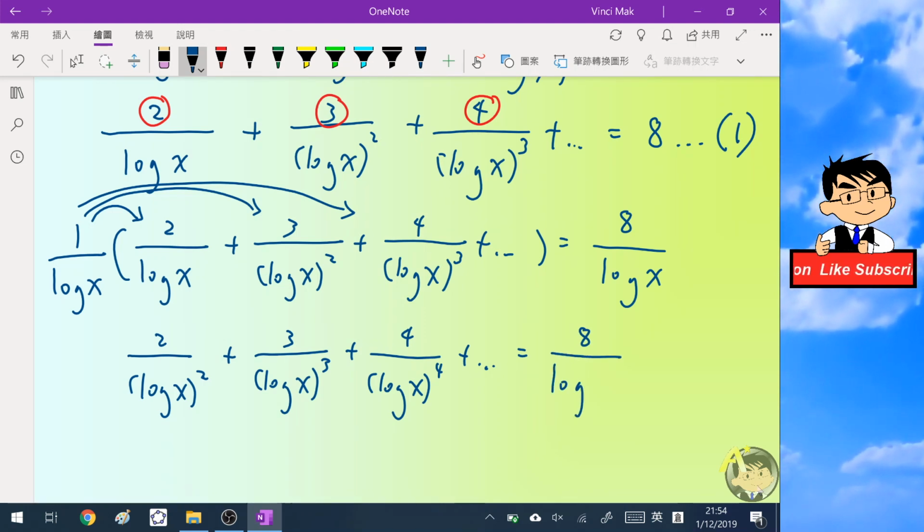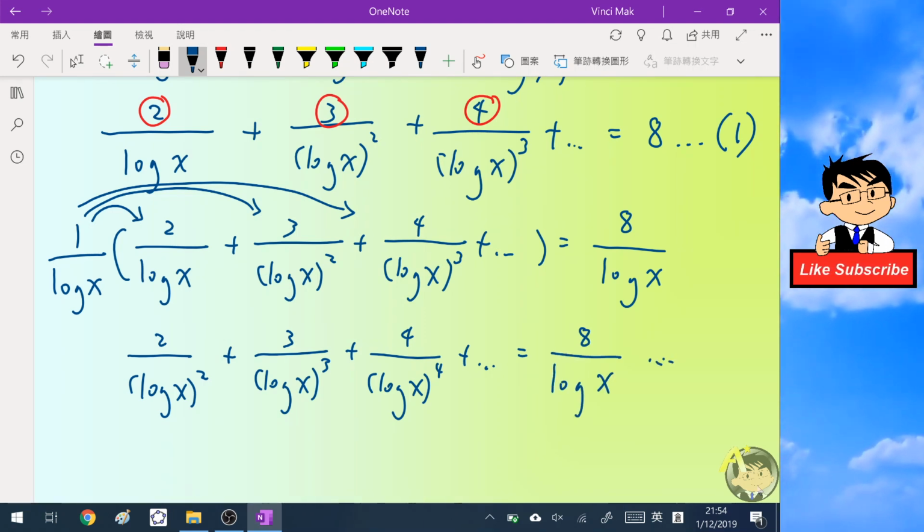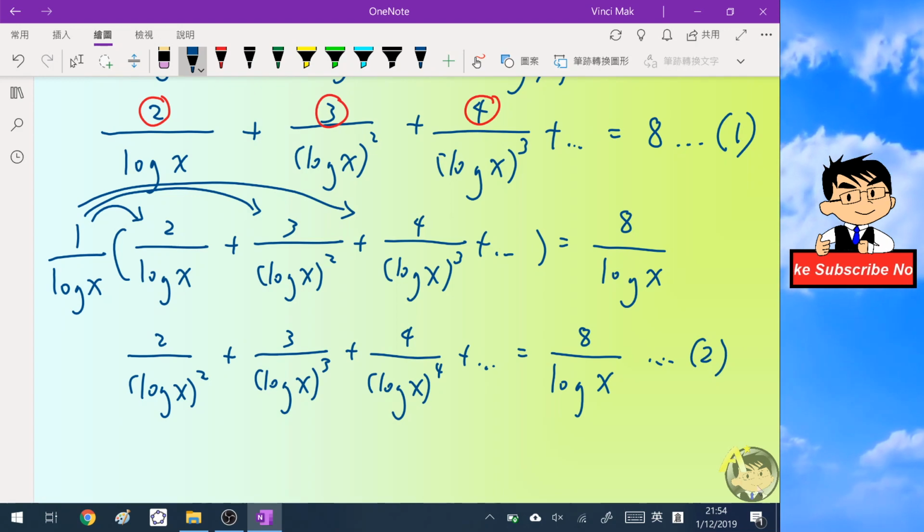And then we call this new equation number 2.